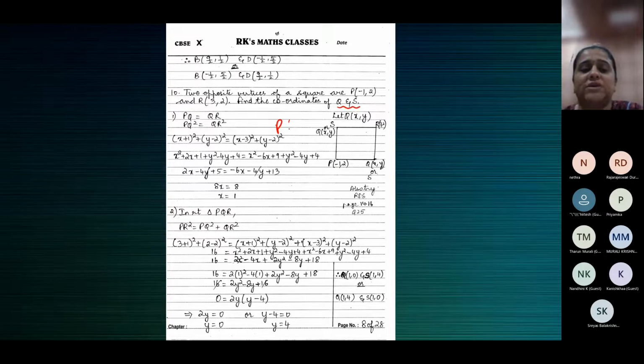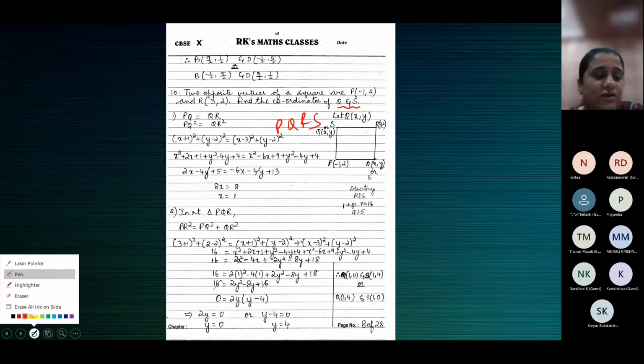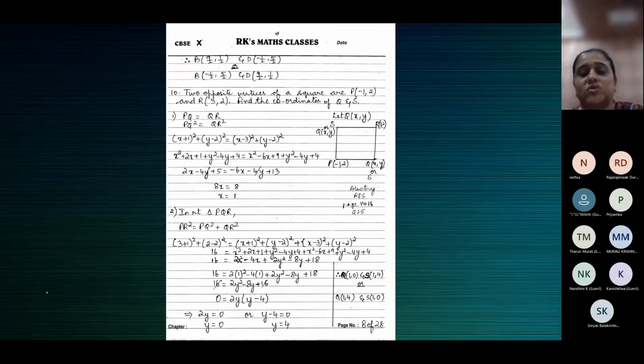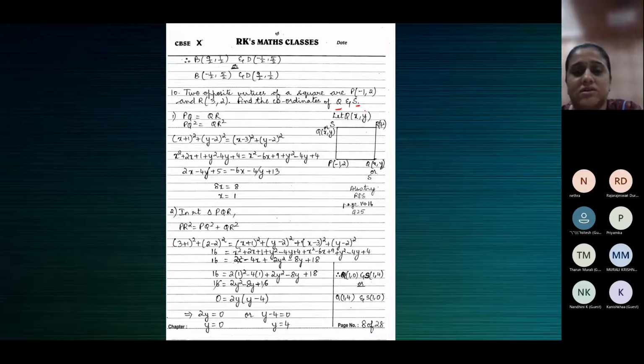Of the square PQRS. As we have understood earlier, assume the coordinates of any one of the unknown vertices, either Q or S. So let us assume the coordinates of Q to be x comma y. That's enough.